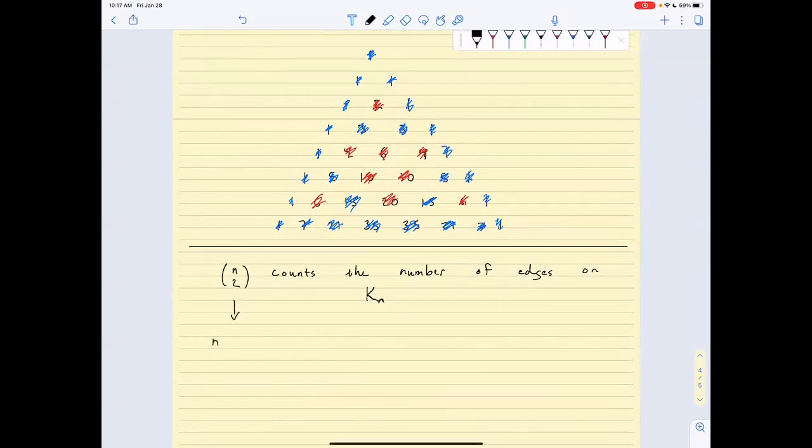This is called n choose 2. What it means is if you have n symbols, it's counting how many ways you can choose 2 of those symbols. If you think of the complete graph on n symbols, between any 2 symbols there's an edge. So the number of ways you can choose 2 symbols is exactly the number of edges in the complete graph.